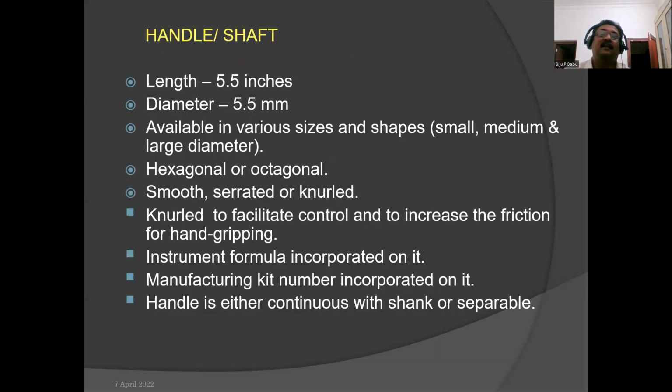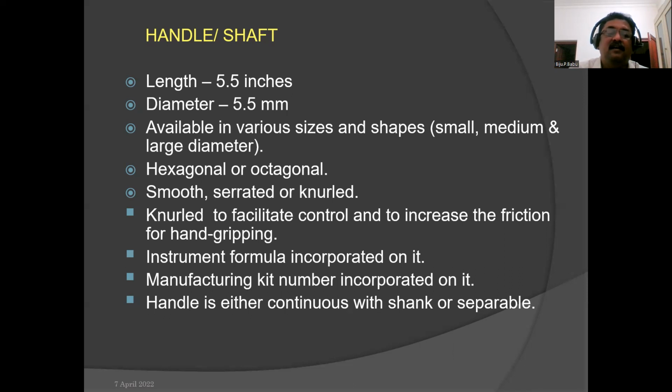Now coming to the handle of the instrument, usually the handle length is around 5.5 inches and the diameter is around 5.5 millimeters. It is available in various sizes and shapes: small, medium, and large diameter. Usually it has a hexagonal or octagonal shape. It may be smooth, serrated, or knurled. A serrated or knurled handle is more comfortable to hold and doesn't slip out of your hand.